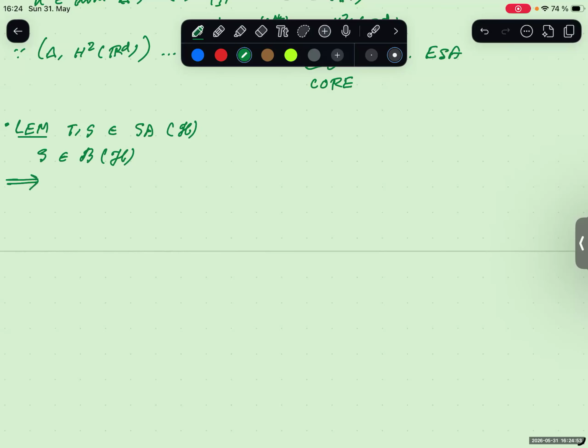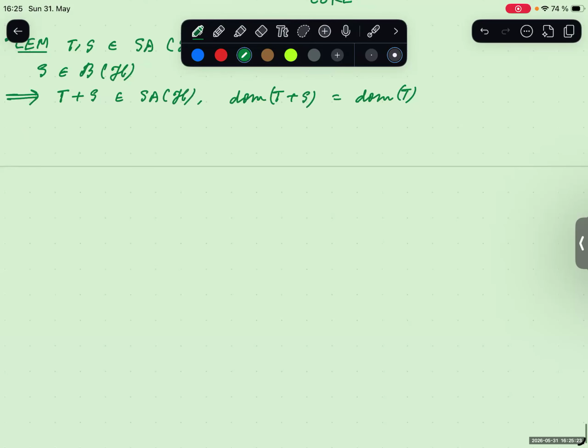Then T plus S is a self-adjoint operator, and the domain is equal to the domain of T. Furthermore, their sum is an essentially self-adjoint operator on a core for T. Okay.